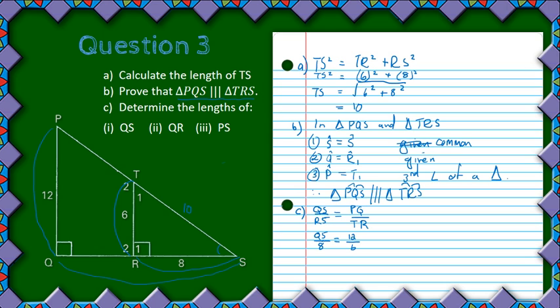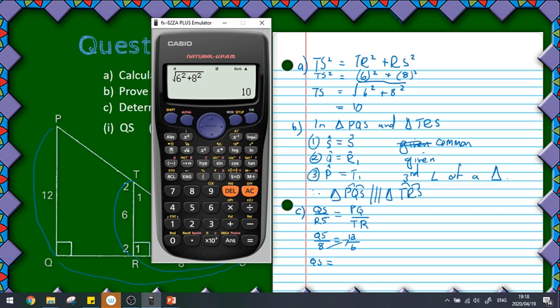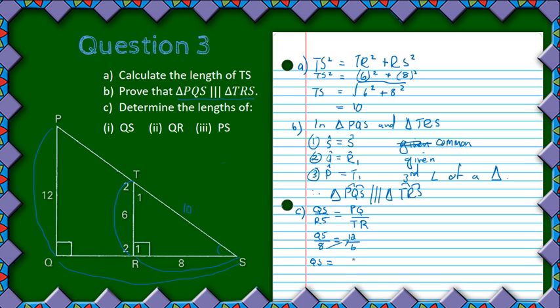Okay, so let's apply cross multiplication. In this case, I'm just going to take the 8 up. So QS is equal to, and then I'm just going to type that into the calculator. So I'm going to say it's the 12 times 8 over 6. So this gives me 16 units.